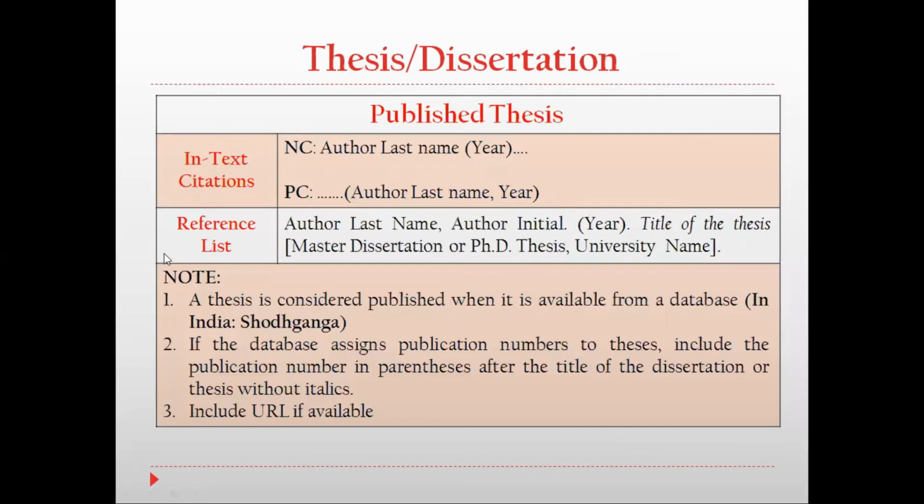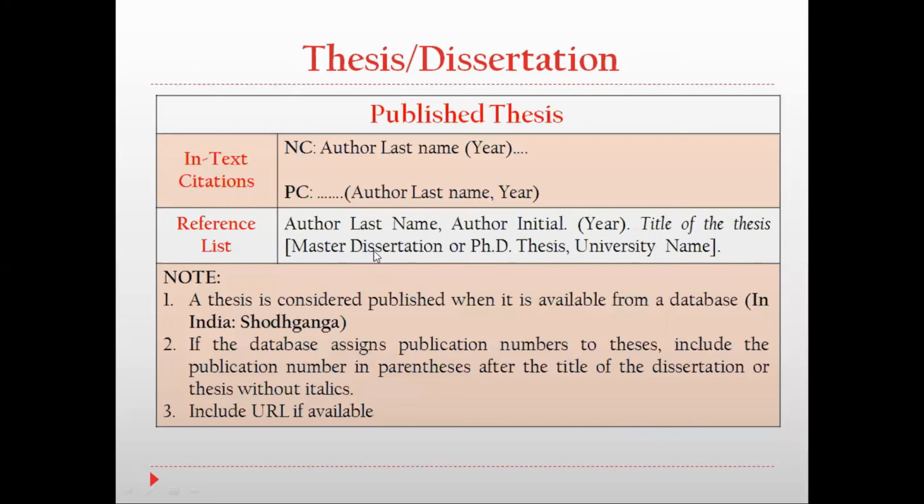Okay, so for the reference list, it will appear as Cruise, comma, T., and the year in which the thesis was published, and the title of the thesis will always be in italics. If it is a master's dissertation, a UG dissertation or a PhD thesis, you'll have to choose one.